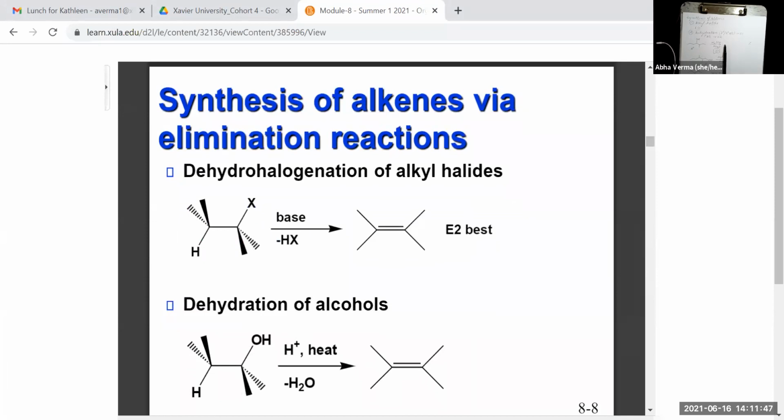E2 elimination will always occur when you have a leaving group. A leaving group can be OMs, OTs, OTf, chloride, bromide, iodide. But in case of dehydration, when you're looking at E2, what is the leaving group?